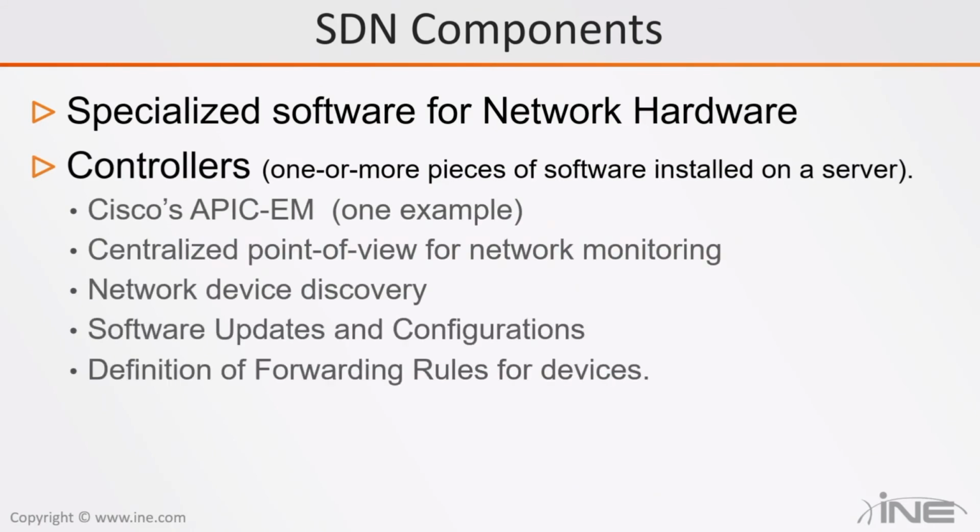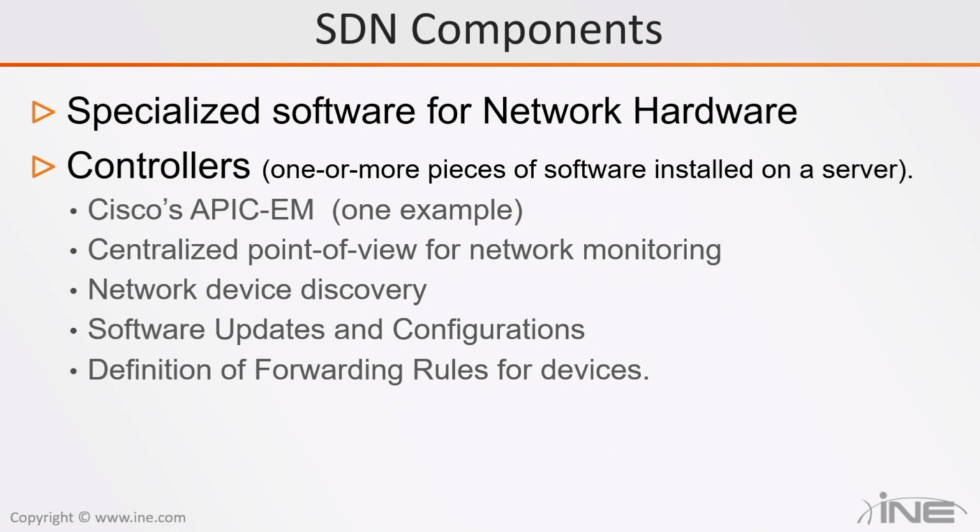One or more pieces of software, usually installed on a server, or, again, just thinking out loud here, none of this really has any basis, but you could see it on a controller card. They've put software all different places on Cisco products in the past. So, who knows where we're going to see this implemented in the future.